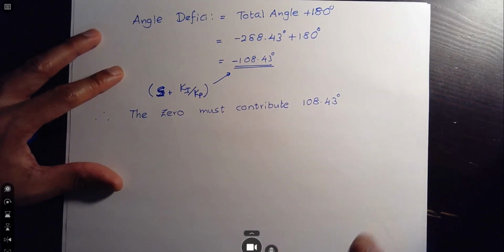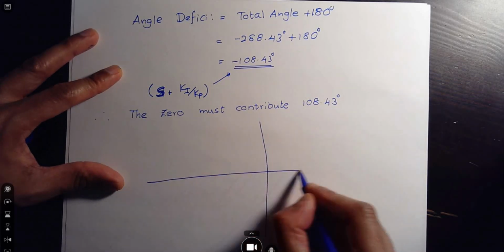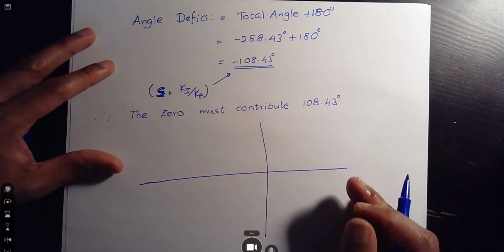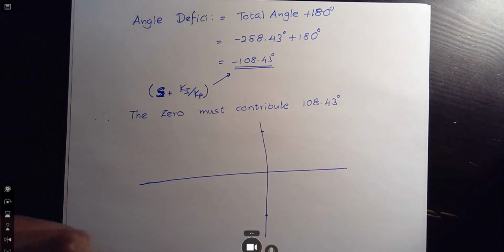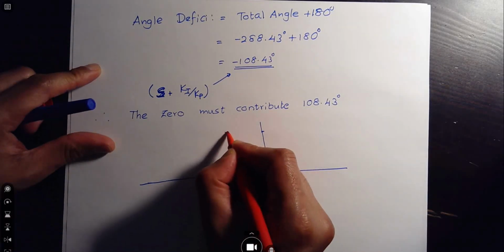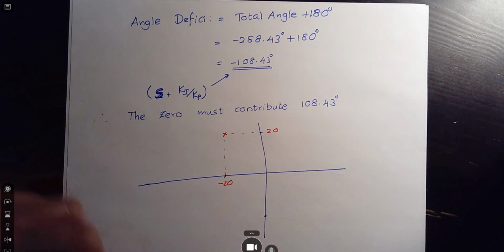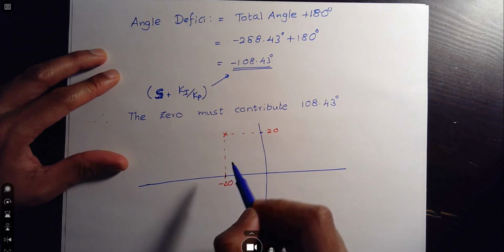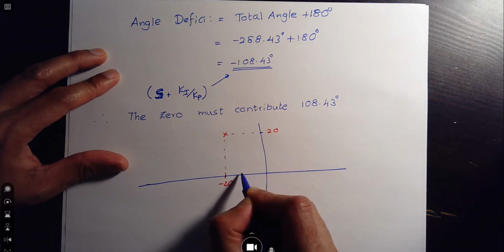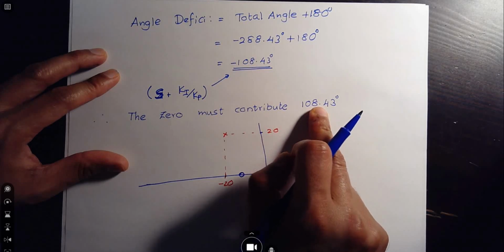Given the needed angle with respect to a certain point in the S-plane, how do we find where the zero should be? Let's think about that. We know our desired pole, let's choose just one of them, is at 20 and negative 20, and we need an angle of positive 108. So our zero should be somewhere between these two, since you have an angle larger than 90, which is 108.